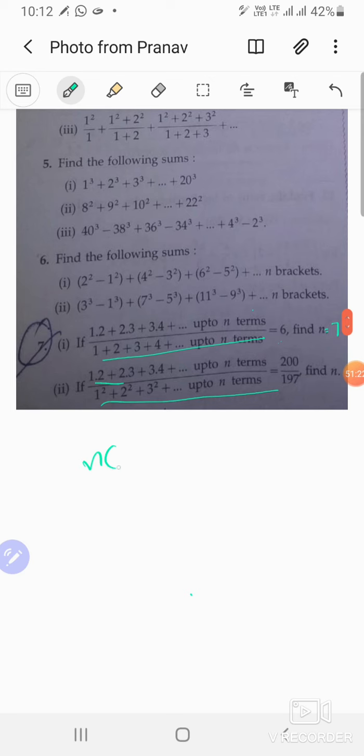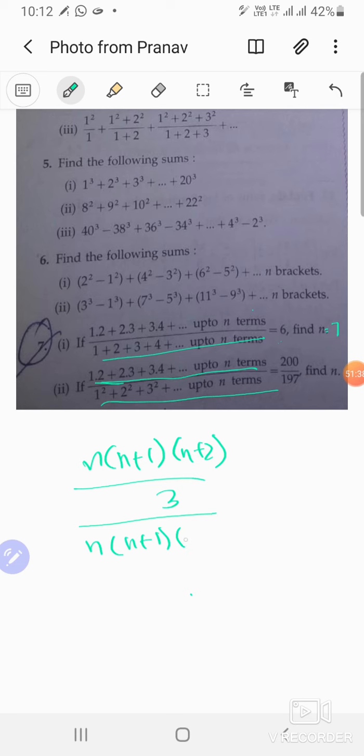So n into n plus 1 into n plus 2 upon 3. This is the sum of this thing. And then upon 1 square plus 2 square, 3 square till n terms is supposed to be equal to n into n plus 1 into 2n plus 1 upon 6. You've got upon 2, so like this goes on the top. This thing cancels.